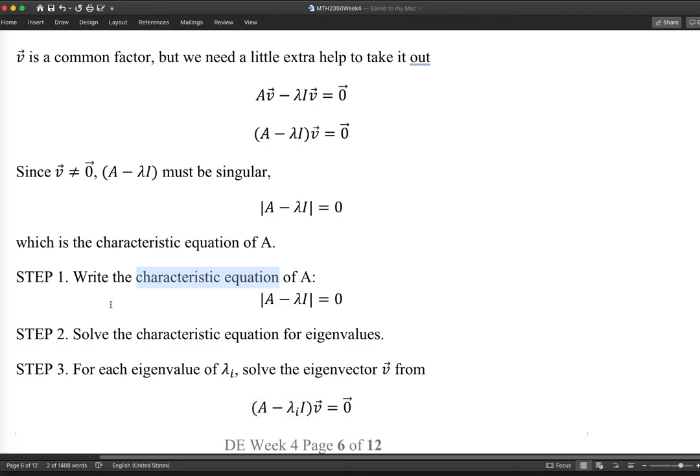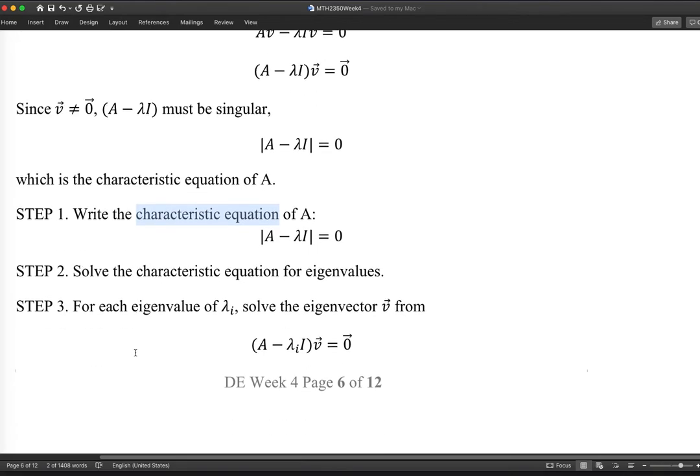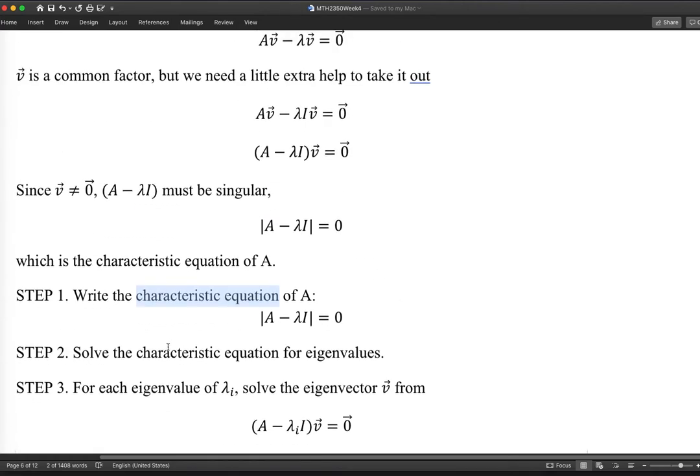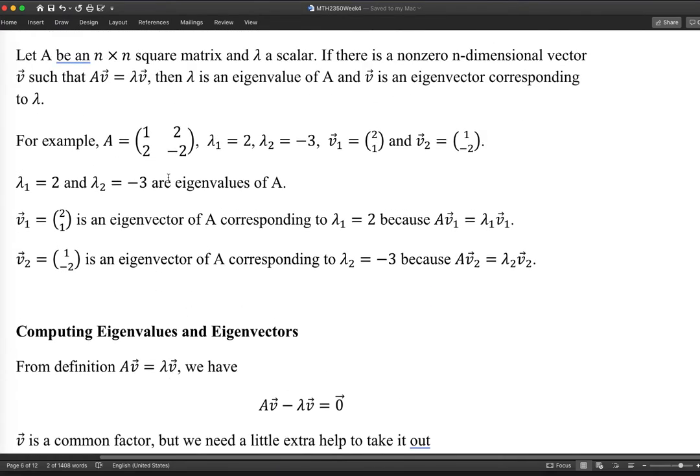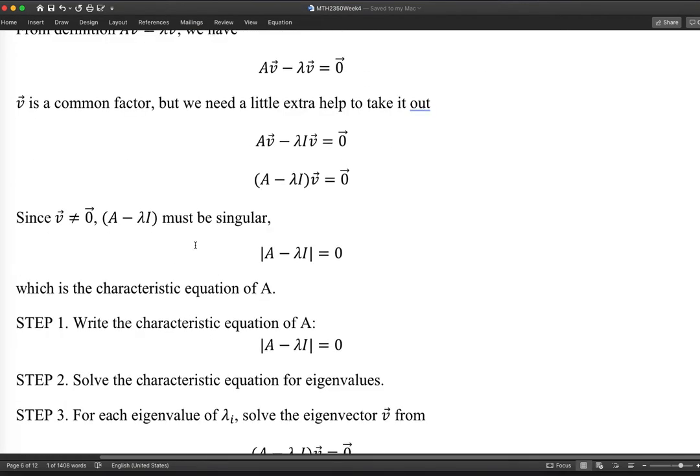There are 3 steps to find eigenvalues: step 1, step 2, step 3. Let's take a look. As I said, the first example I started was pretty much from nowhere. How do we know lambda 1, lambda 2, and v1, v2? So let's take a look at how we find them, if we are only given this matrix, how do we find lambda 1 and lambda 2?